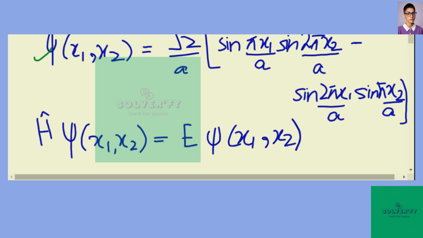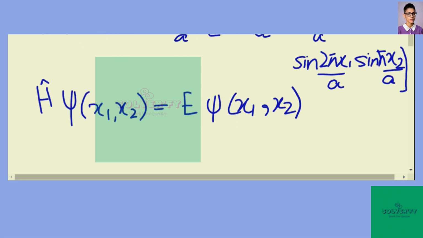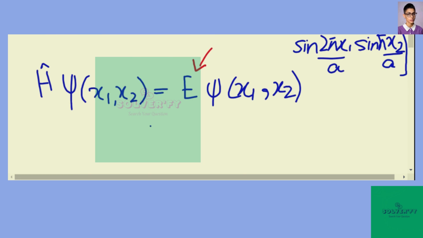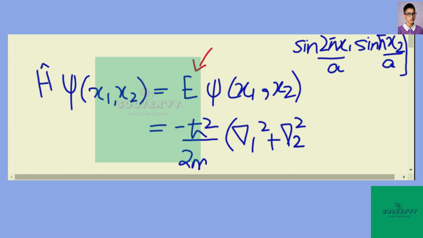The next step is that we need to plug in the value for the Hamiltonian: that is h cross squared divided by 2m, an equation that we already know, you just need to recall your previous knowledge, times del 1 squared plus del 2 squared, times the wave function of x1 and x2.